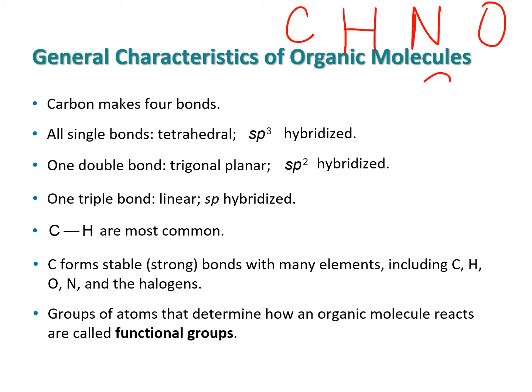You may see sulfur every once in a while, and also maybe some of the halogens, fluorine, chlorine, but for the most part, carbon and hydrogen for sure. So carbon-hydrogen bonds are the most common. Carbon, like I just mentioned, likes to make 4 bonds and 0 lone pairs.